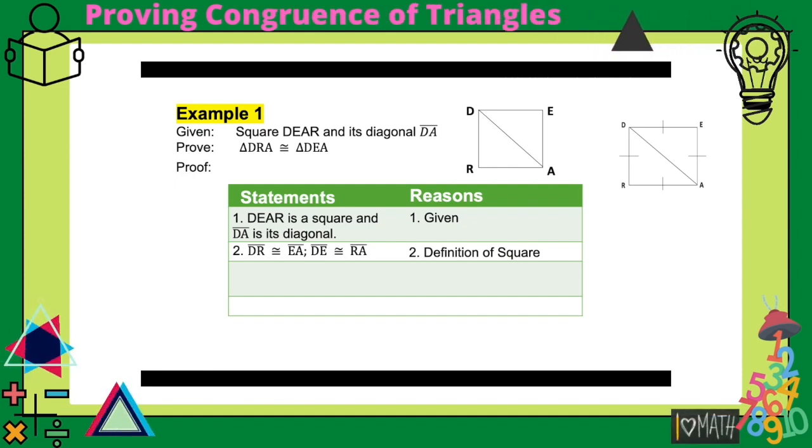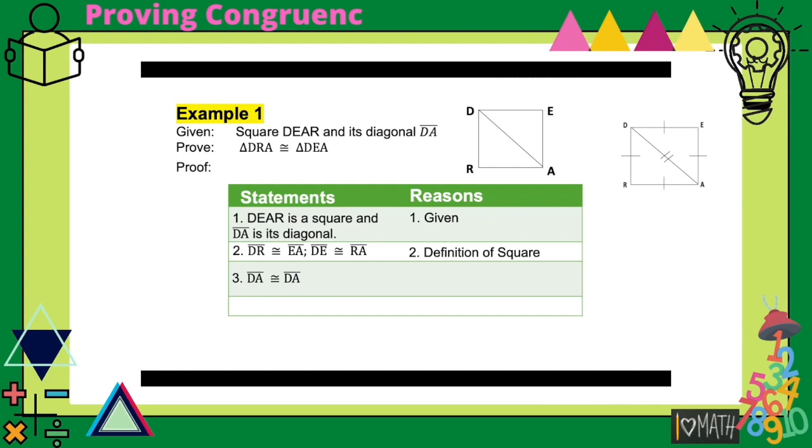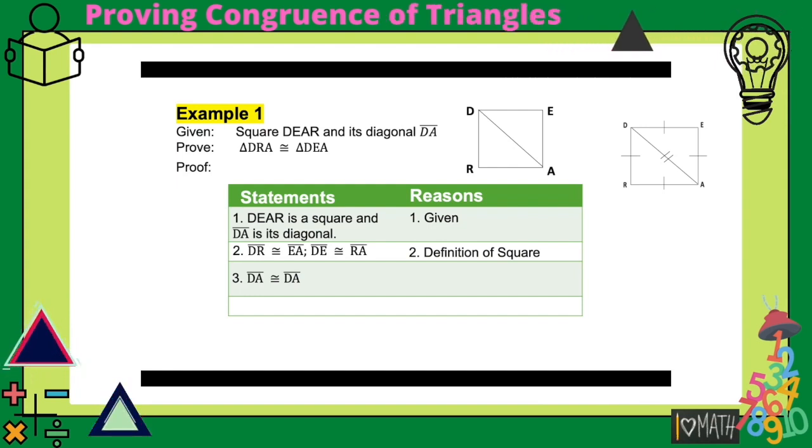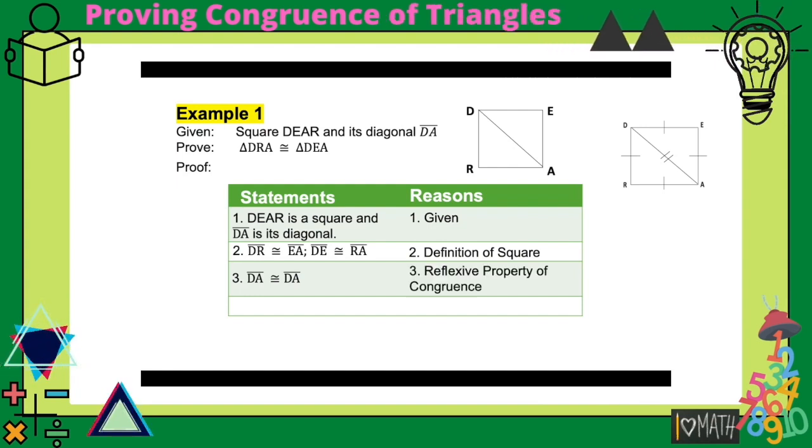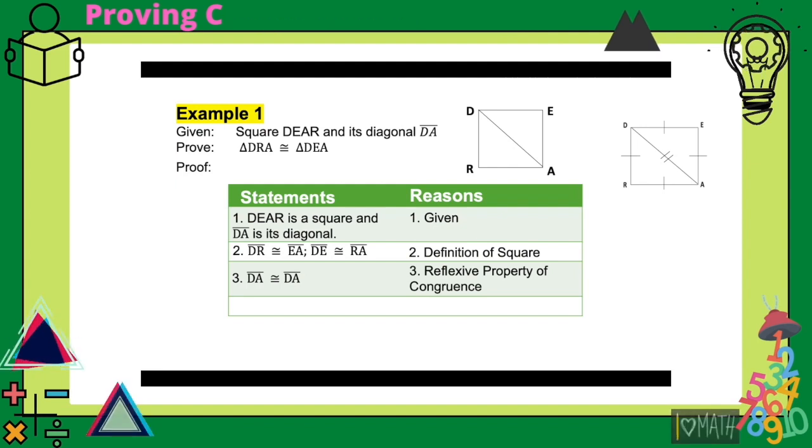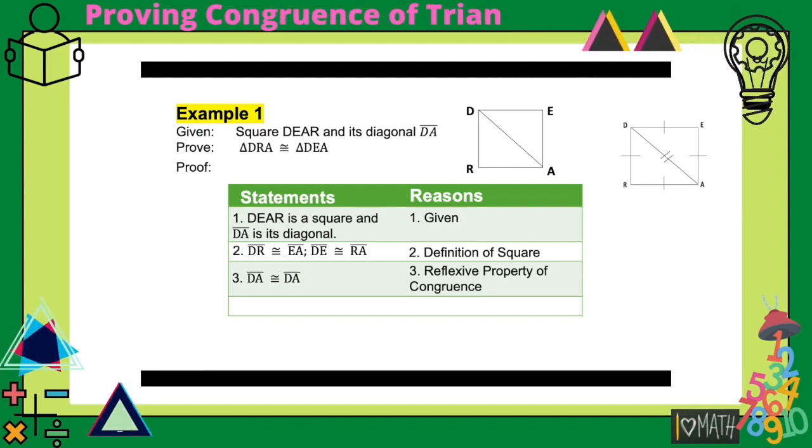Statement 3, segment DA is congruent to segment DA. And the reason is reflexive property of congruence. As you can see, segment DA is a common side of the two triangles. Segment DA is equal to itself.